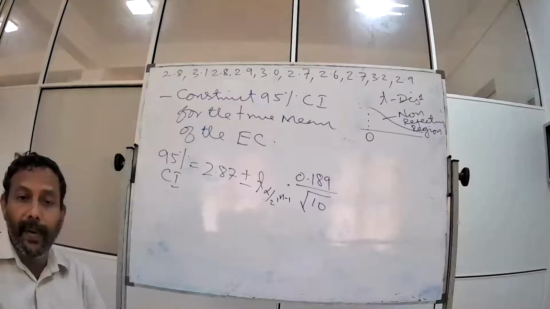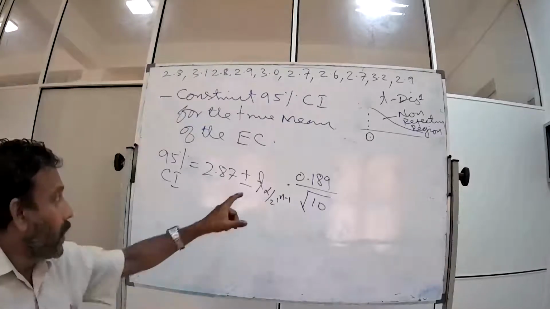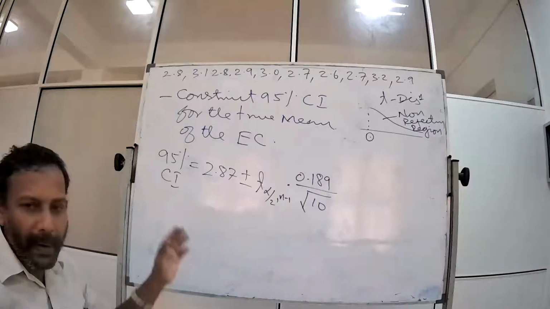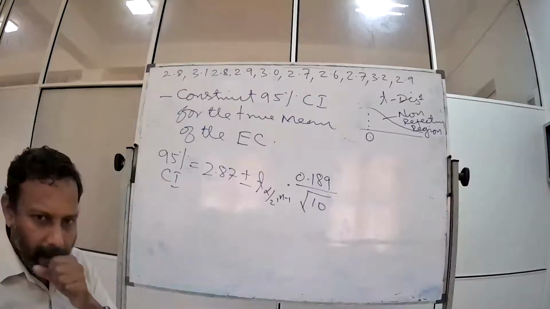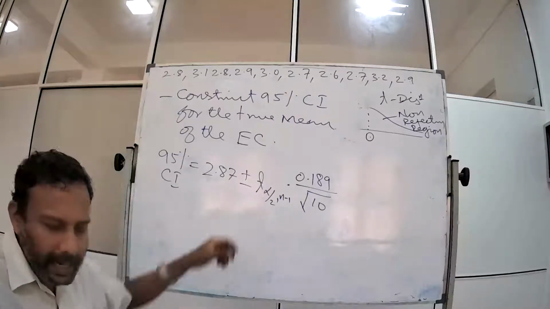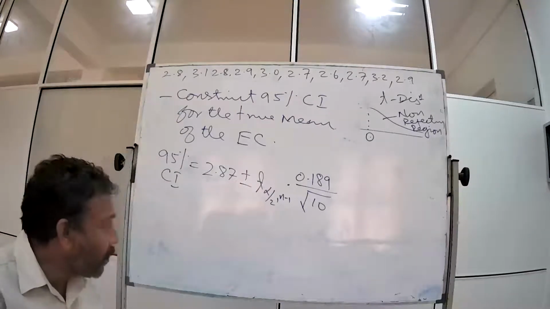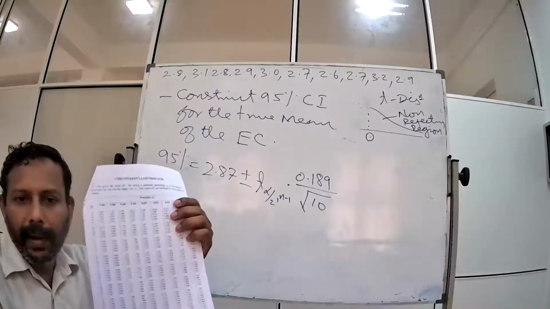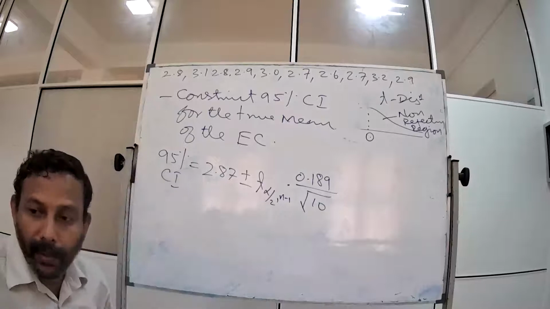We never go for one tail for a confidence interval. Confidence interval, no point of having one tail. We always go for two tail for a confidence interval. Now tell me what is the table value from this table. Already I said this table is designed for two tail situation.